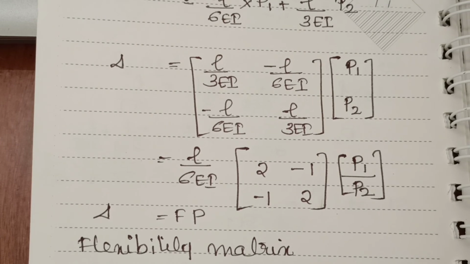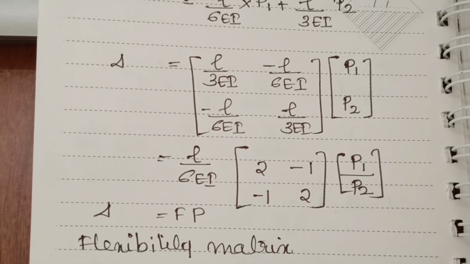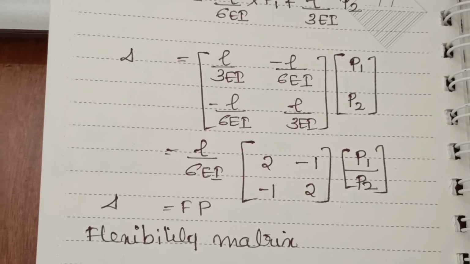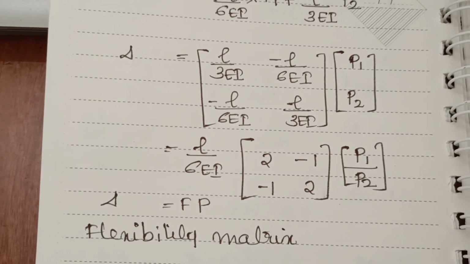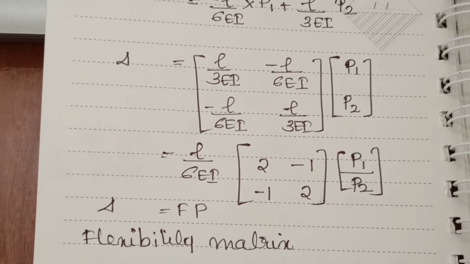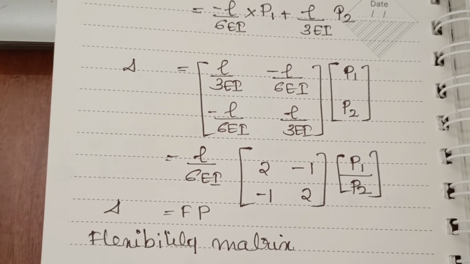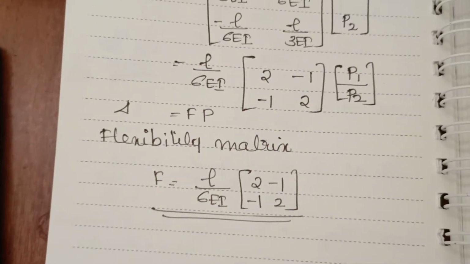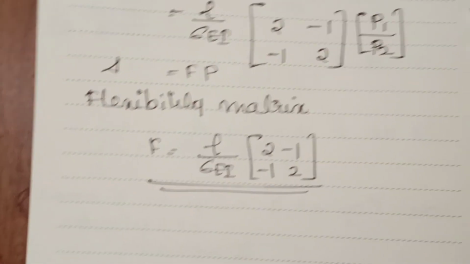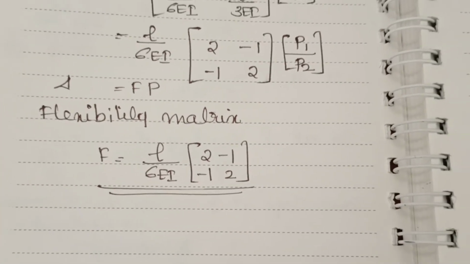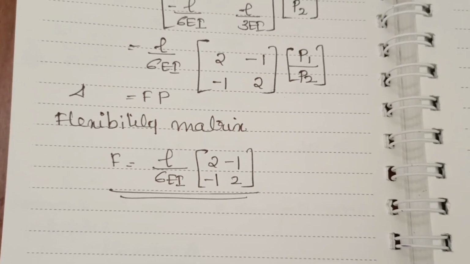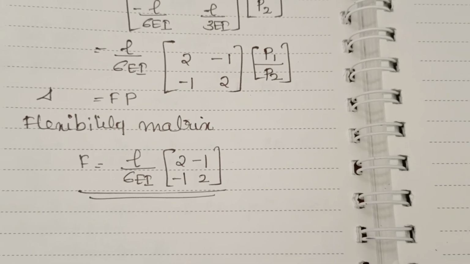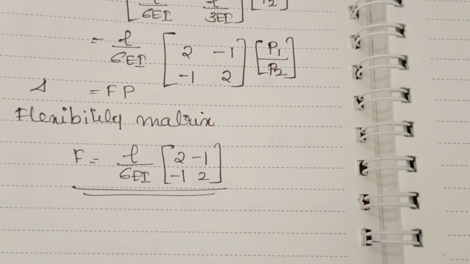Then taking out the common factor L by 6EI, we get 2, minus 1, minus 1, 2 within the bracket, and P1, P2. By equating this with the equation delta is equal to Fp, that is displacement is equal to flexibility into force, we get flexibility as F is equal to L by 6EI, 2, minus 1, minus 1, 2. Thank you.